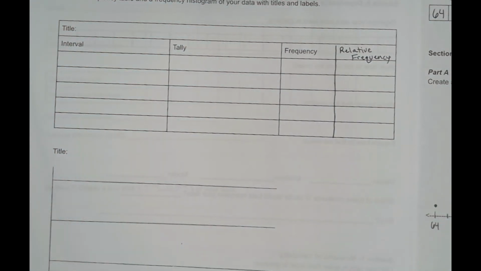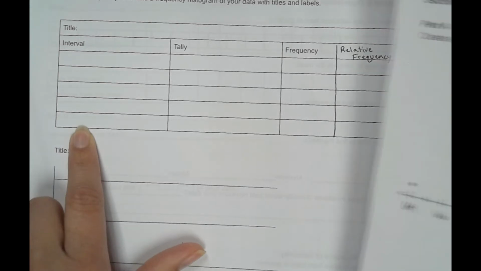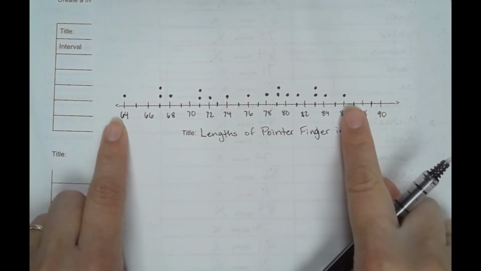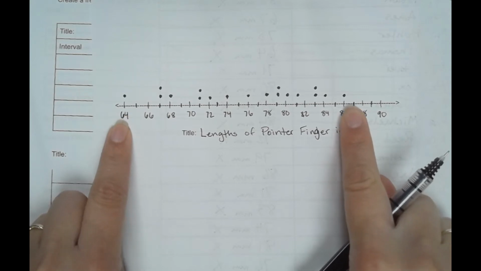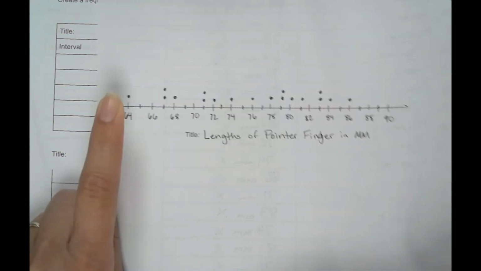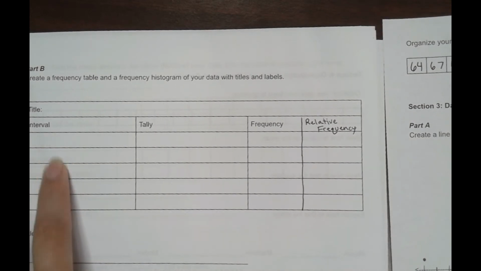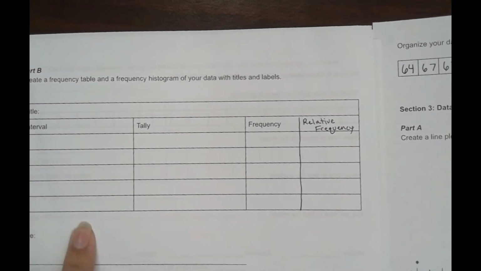Alright, so intervals. We are going to be splitting our intervals into 1, 2, 3, 4, 5 spaces. So what we're doing is we're taking the number line and we're going to divide it into 5 equal pieces, but we need to see how far we're spanning. So pay really close attention to this. It's not hard. If I want to find my intervals, we want 5 intervals, so that means I'm going to divide that entire space by 5.